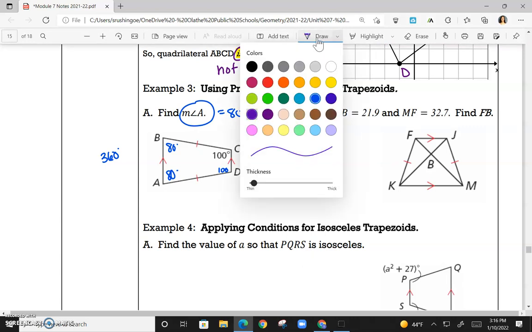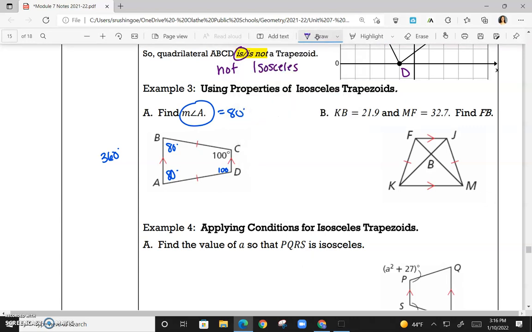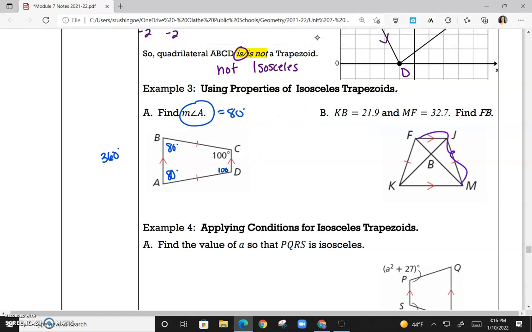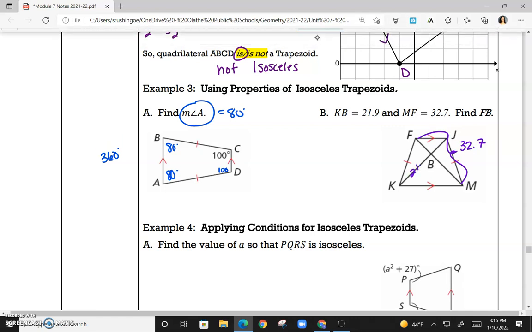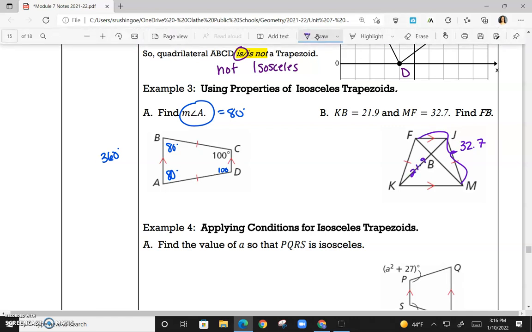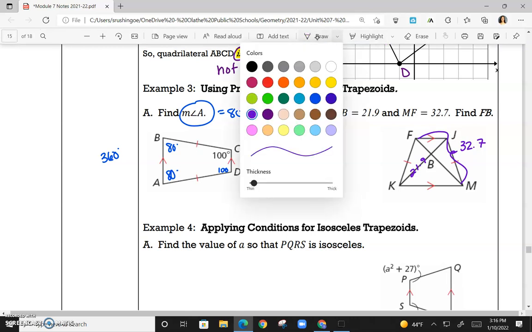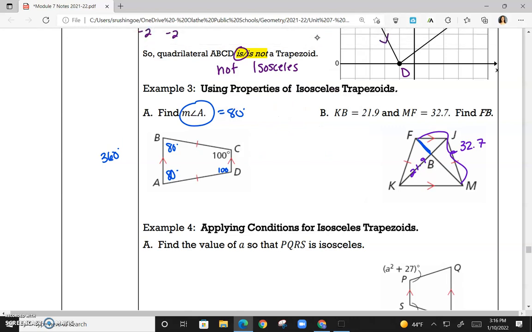Over here, taking a look at your diagonals, we have this diagonal MF as 32.7. We have KB, this little section, is 21.9. And so how would I find FB, this little section here? Well, it's going to be the same as this little section JB, and it's a part of this diagonal, which we know, on an isosceles trapezoid, the diagonals are the same.